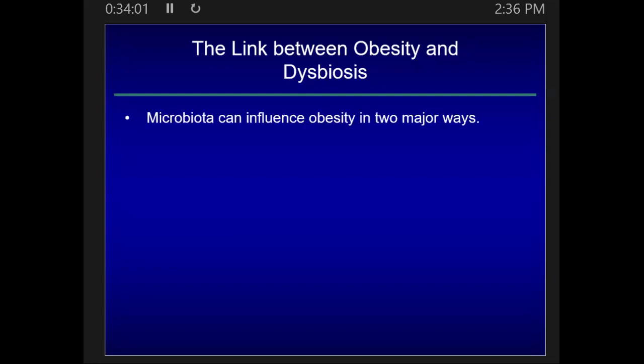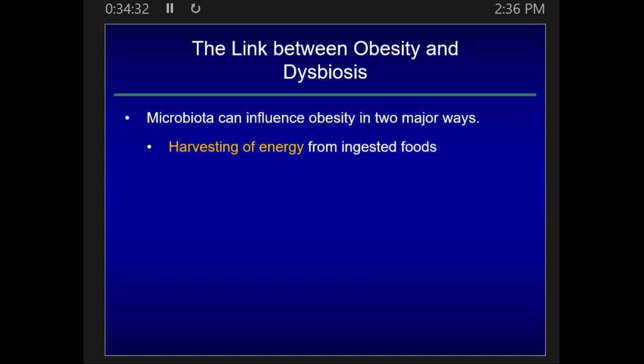So going back to the obesity idea and trying to minimize that outcome, whether it be a newborn or if you're already an adult, there are essentially two major mechanisms that they point to with the microbes. The microbes have different abilities to extract energy from the food you eat.